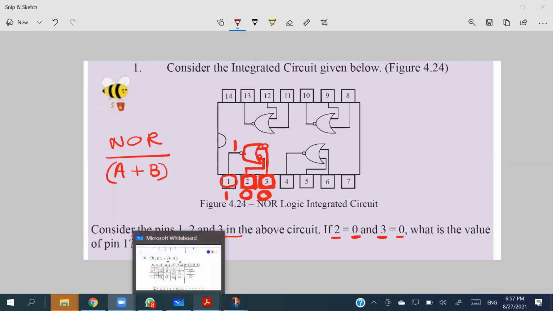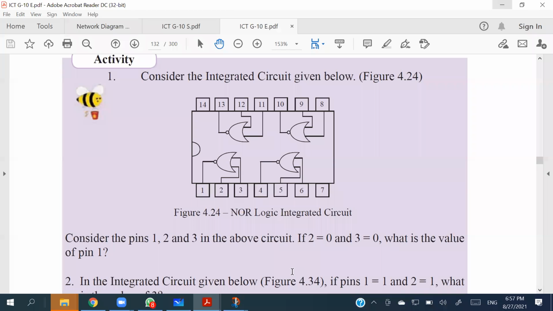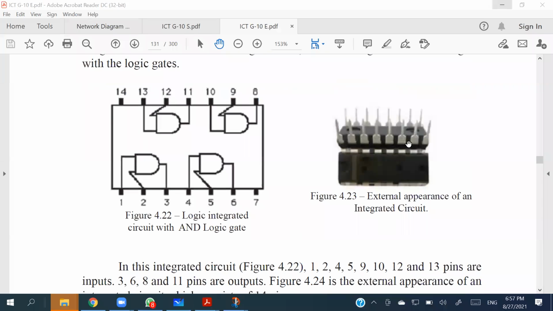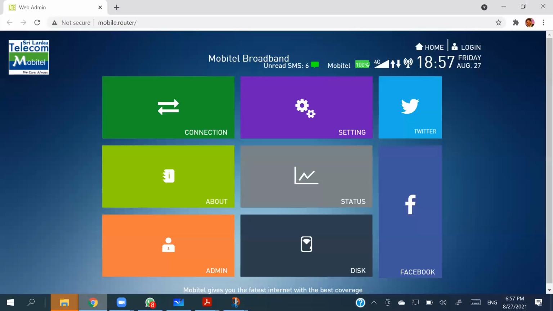Dihan, these ICs are used in circuit boards. Wait, I'll show you one.